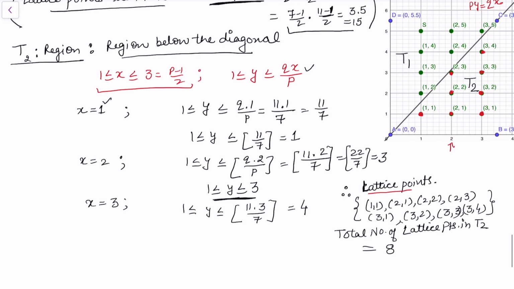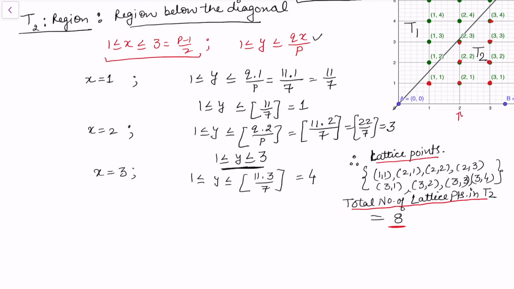So we can write down the lattice points as mentioned here in the T2 region, and we get the total number of lattice points in T2 as 8. For a fixed value of x, the count depends on y, so 1, 3, 4 makes the count 8. So I'm going to count now the points in the T2 region.